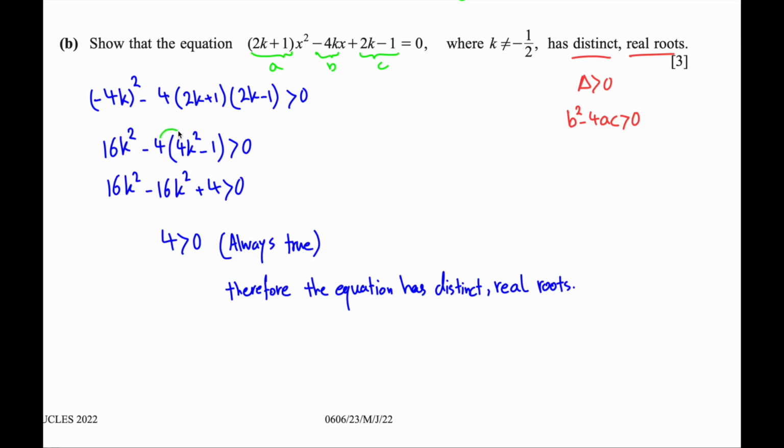After that, you expand this bracket one more time, and you're going to get negative 16K squared plus 4, which is greater than 0. And then you realize these two terms cancel out, and you're left with 4 greater than 0, which is always true. Therefore, this equation has distinct real roots at all times, except when k is negative 1 over 2, which is already mentioned in the question.